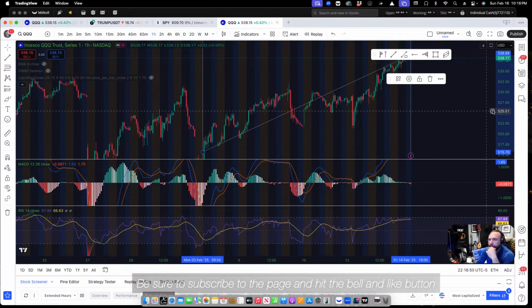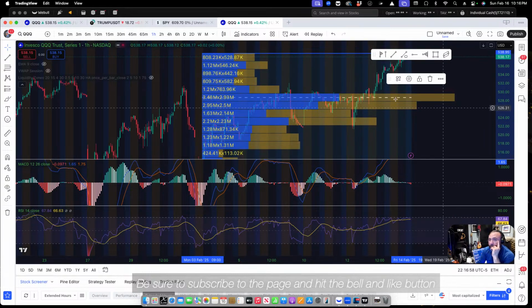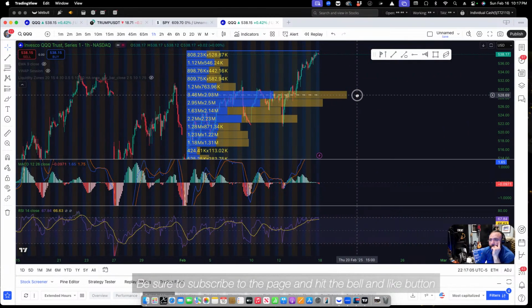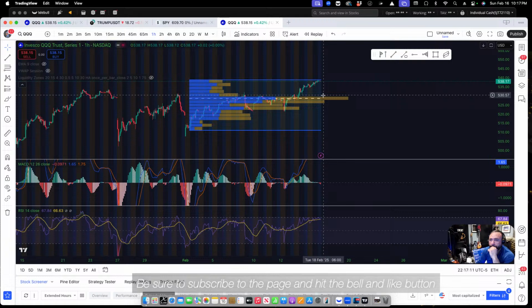I'll do this and then hop off. Got big support back here at 530. It moved up on a little lower volume maybe than the SPY. I still think it's going to press through though. You can see the big shelf down here.